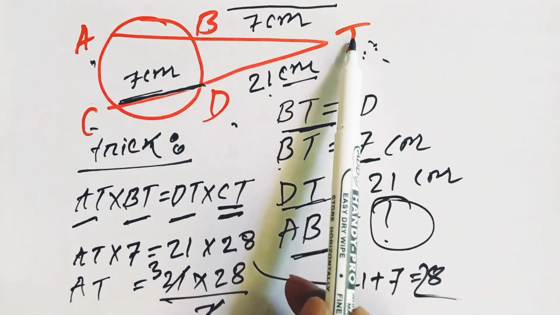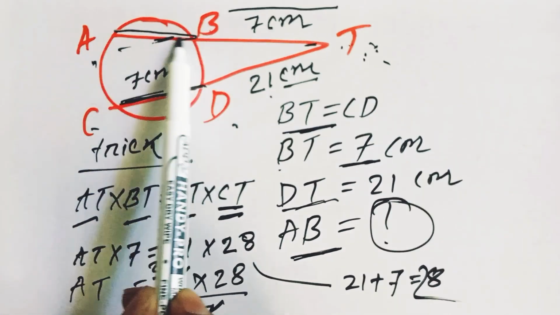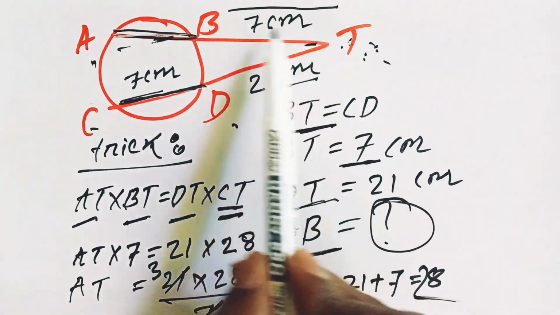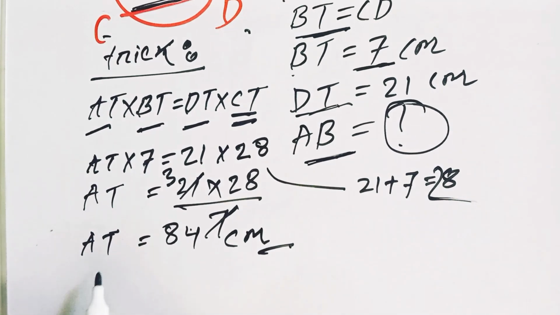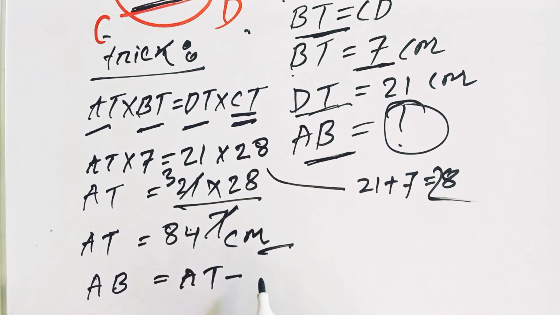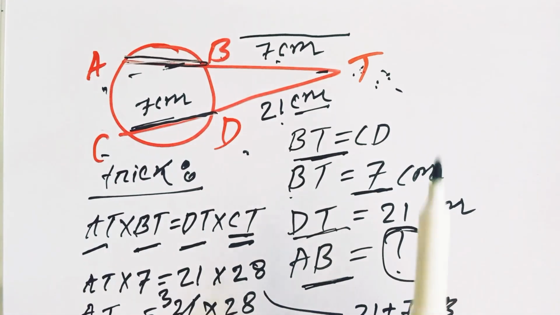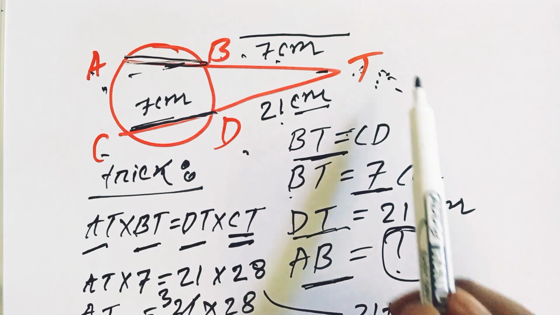So friends, here we should have to find out AB. So that is why we should write here AT minus BT. So friends, to find out the value of AB, here we should write like that: AB equal to AT minus BT. So friends, here the value of AT is 84 and the value of BT is 7.